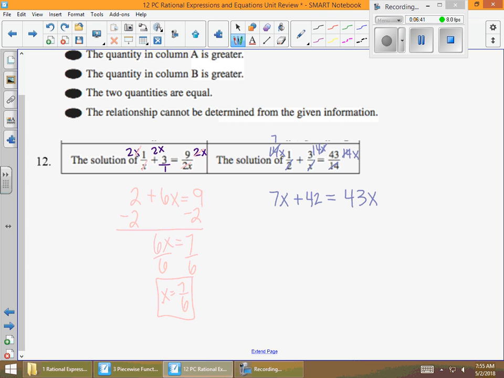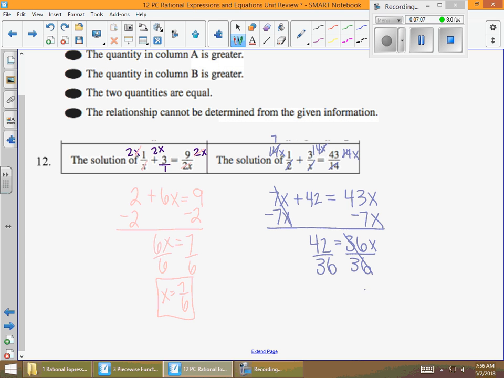And some quick solving steps. Subtract your 7x over. Get 36x. Divide both sides by 36.